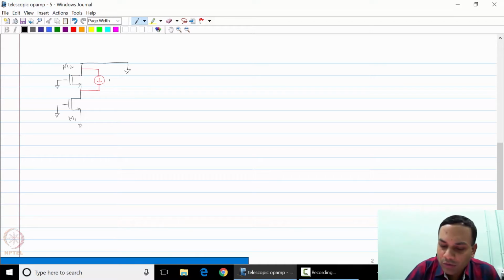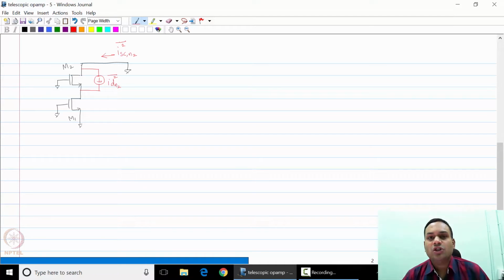And we want to find out how much of this current flows through the short circuit, that is, the component flowing through the short circuit.